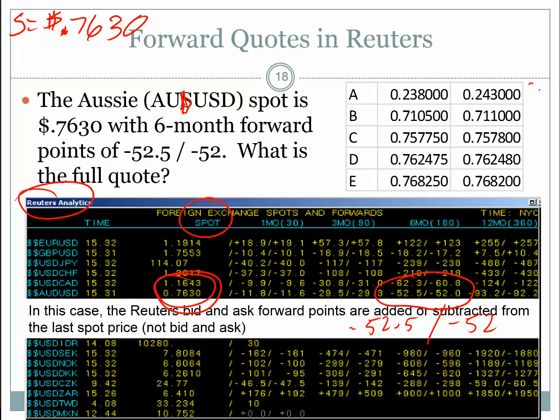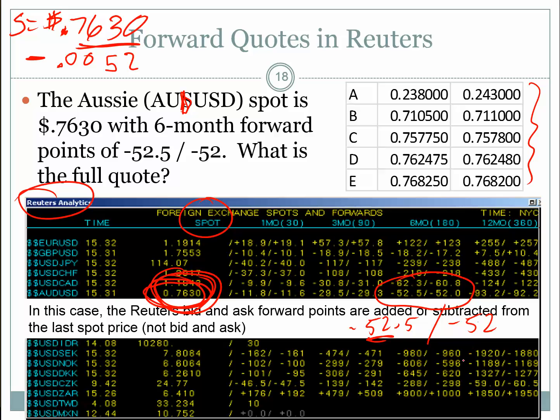Now the question is, what is the actual outright quotation for 6-month delivery? Well, this is a 4 decimal place currency. There's no bid and ask, so I'll have to use this last price here that was given. The 5 and 2 must refer to the 3rd and 4th decimal place. So I need to subtract 5 and 2. So let me put a couple zeros in front of it.